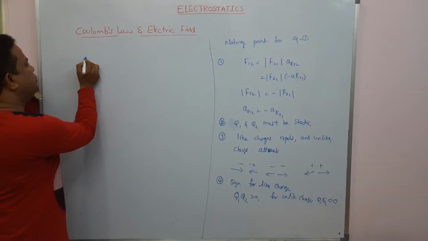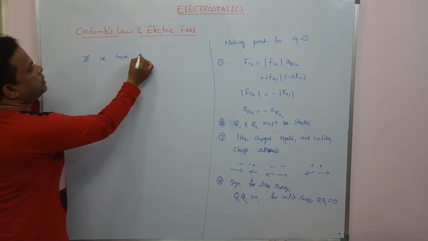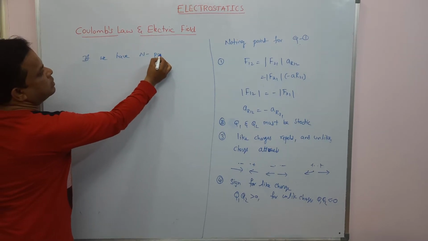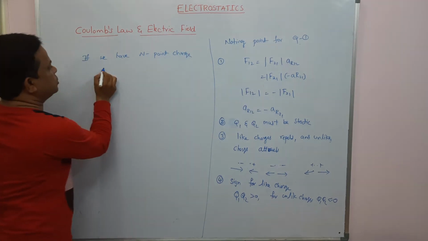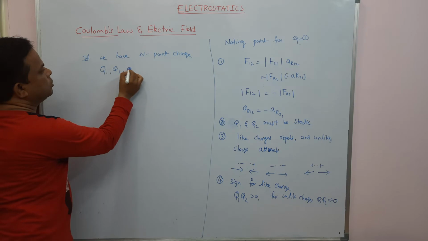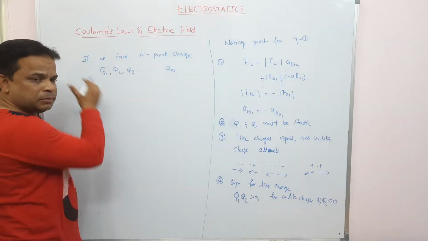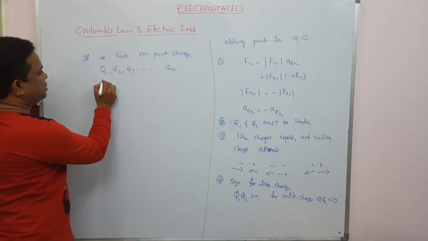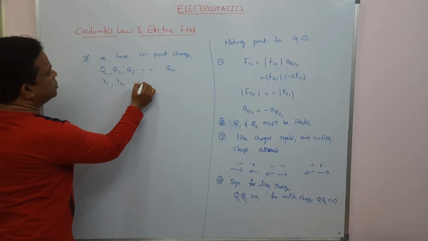If we have n point charges, let me take q1, q2, q3 and so on up to qn, and similarly the position vectors r1, r2 and so on up to rn.